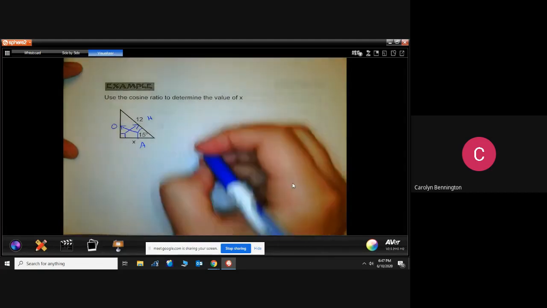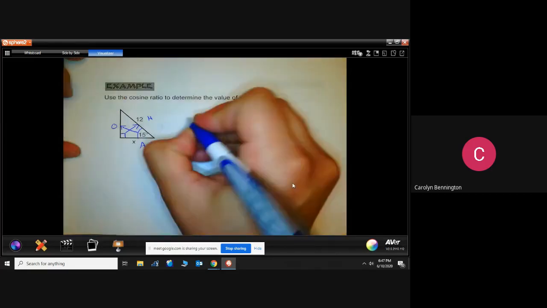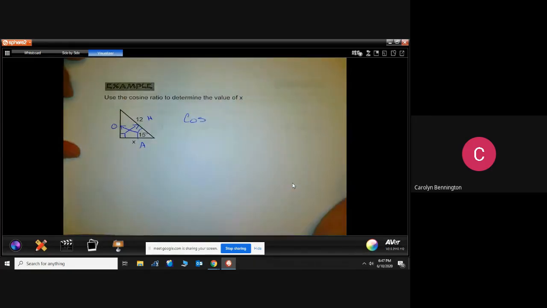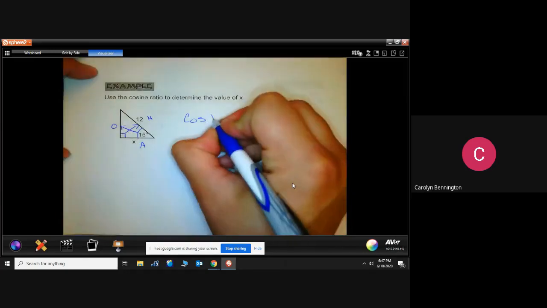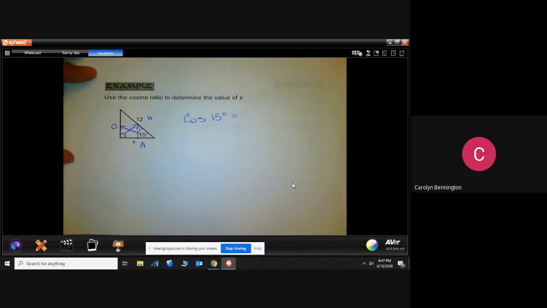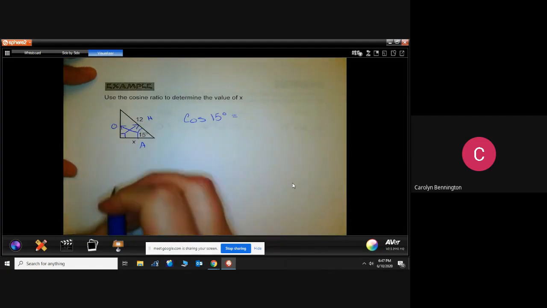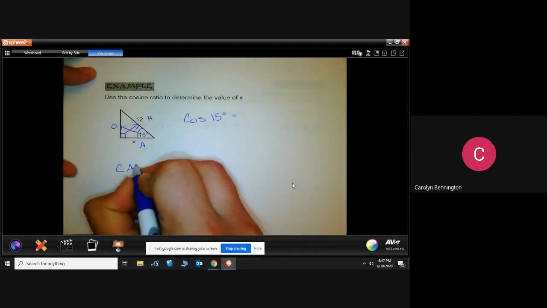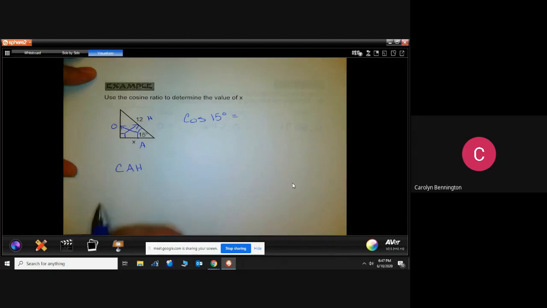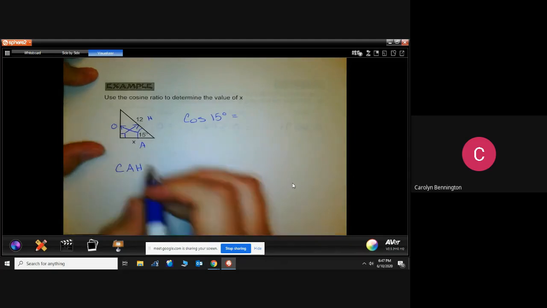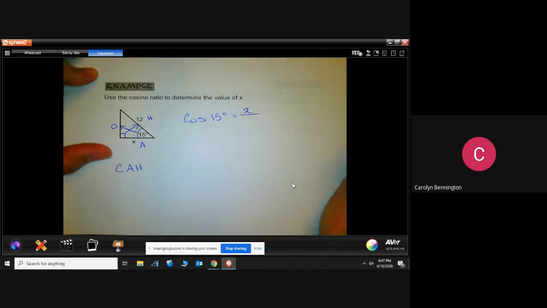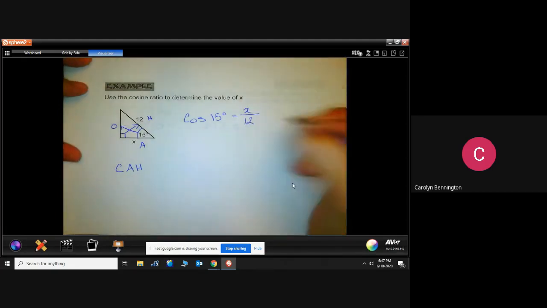So we know that we want to use the cosine ratio because that's what it says in the question. So we've got cosine, and always beside cosine goes our angle. So cosine of 15 degrees. And remember from SOHCAHTOA, the CA part goes with cosine. So cosine equals adjacent over hypotenuse. So our adjacent side is x, and our hypotenuse is 12.